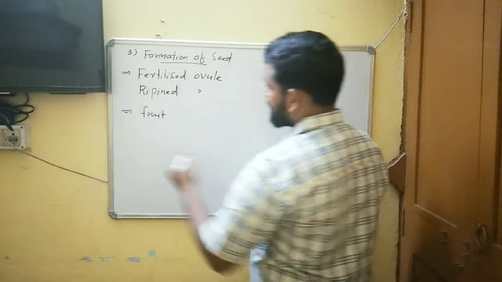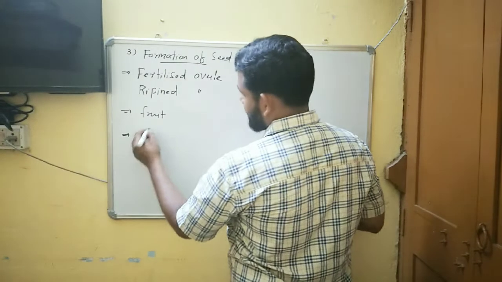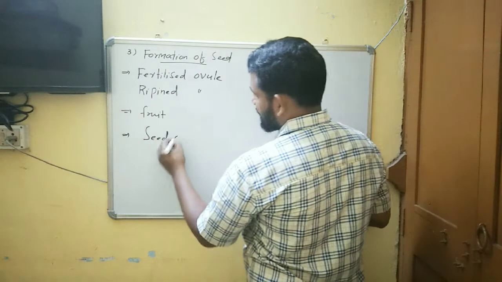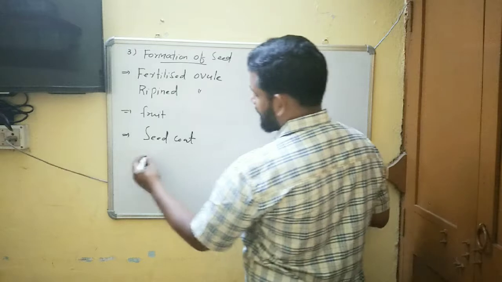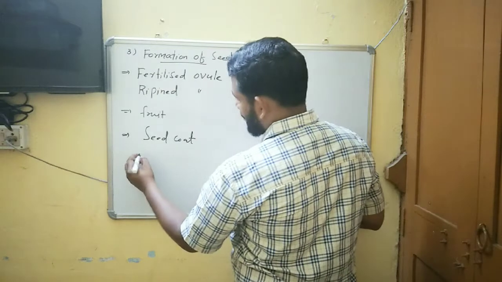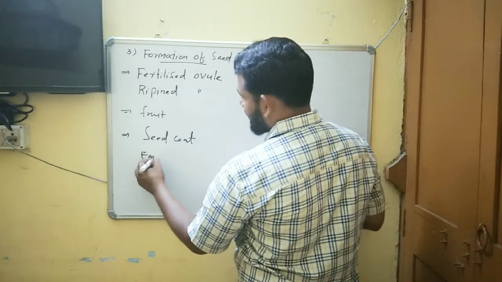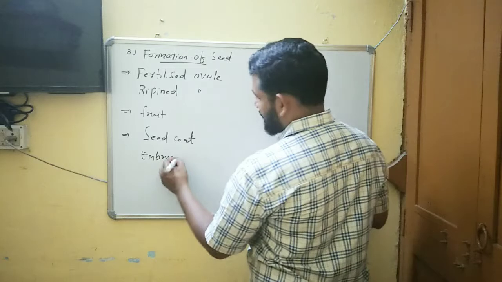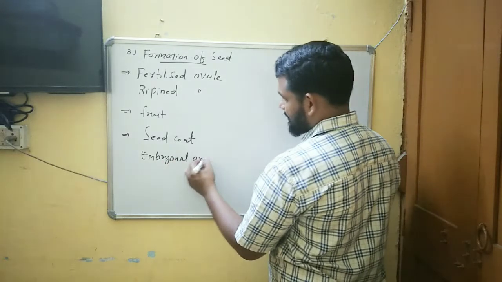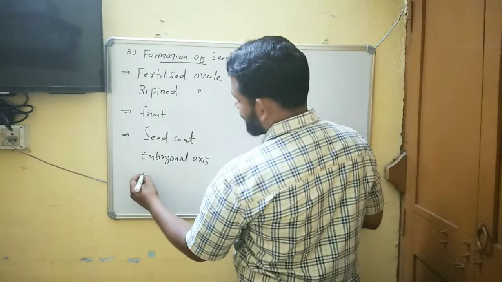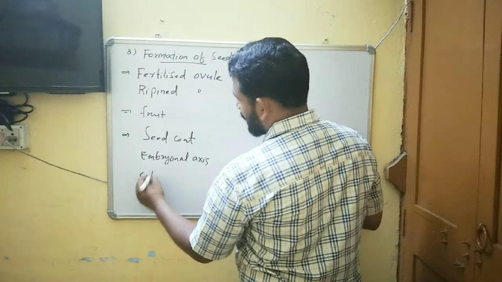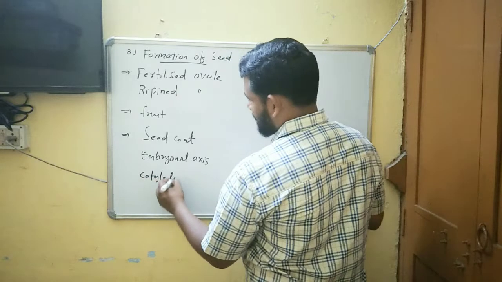The seed mainly has two parts. The outer region is called the seed coat and the inner region is called the embryo. The embryo has an axis, called the embryonal axis, and one or two cotyledons present.